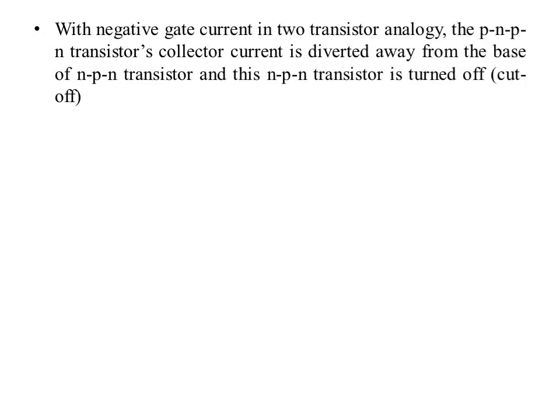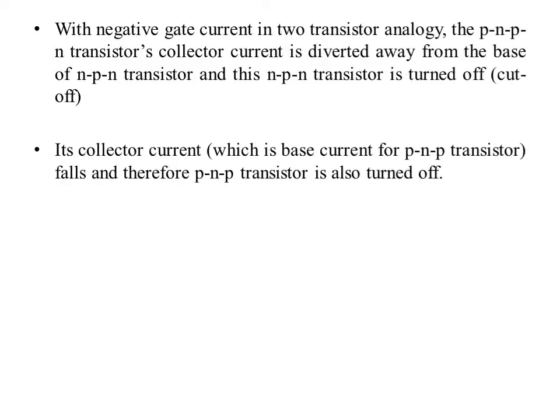With negative gate current, in the two transistor analogy, the PNPN transistor's collector current is diverted away from the base of the NPN transistor, and this NPN transistor is turned off. So the collector current falls and thus the PNP transistor is also turned off.